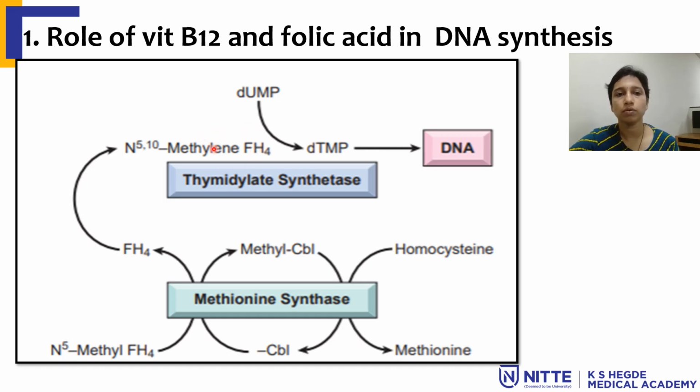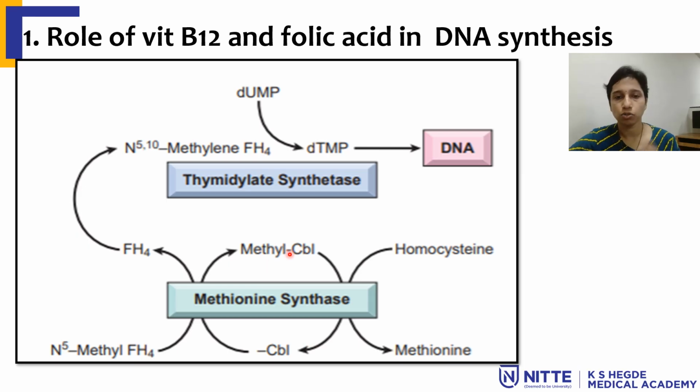So what is the source of this methylene tetrahydrofolate? For production of this, there is a requirement of the process of conversion of homocysteine into methionine. When there is conversion of homocysteine to methionine, with the help of methionine synthase, methylcobalamin is converted into cobalamin.